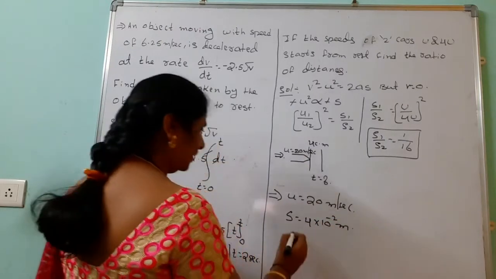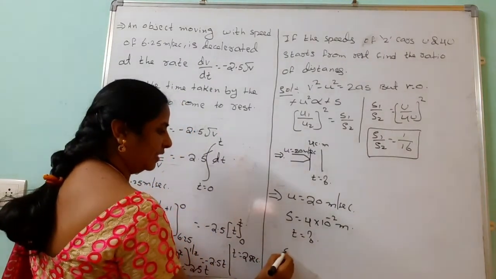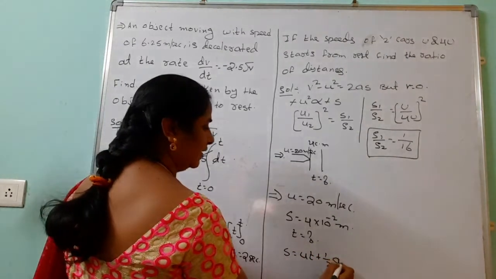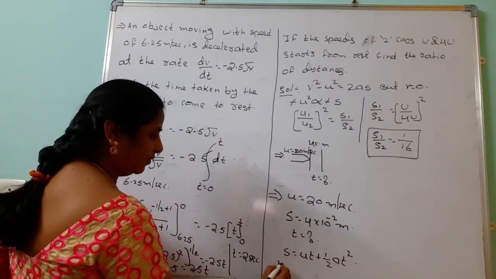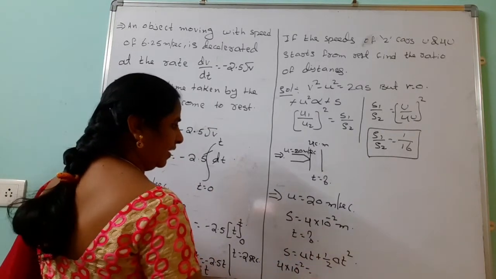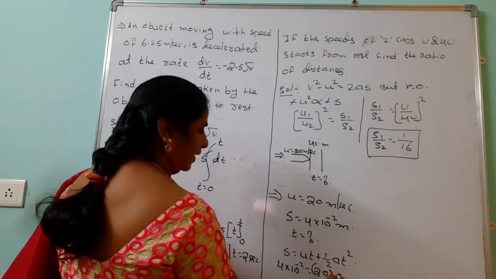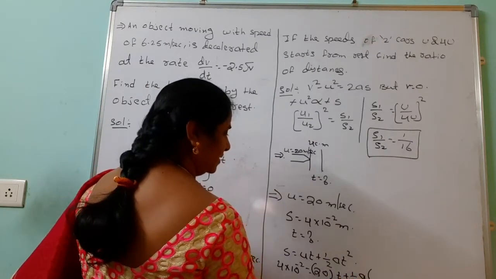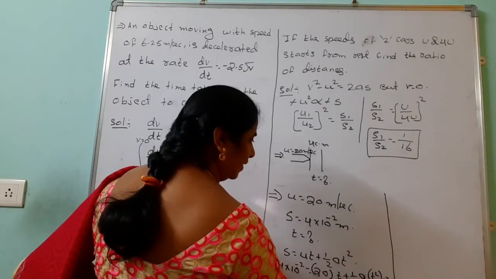We can find the time using the second equation of motion, s equals ut plus half at square. Instead of s we take 4 into 10 power minus 2, initial velocity is 20, and time we don't know, plus half into a into t square. This is equation number 1.